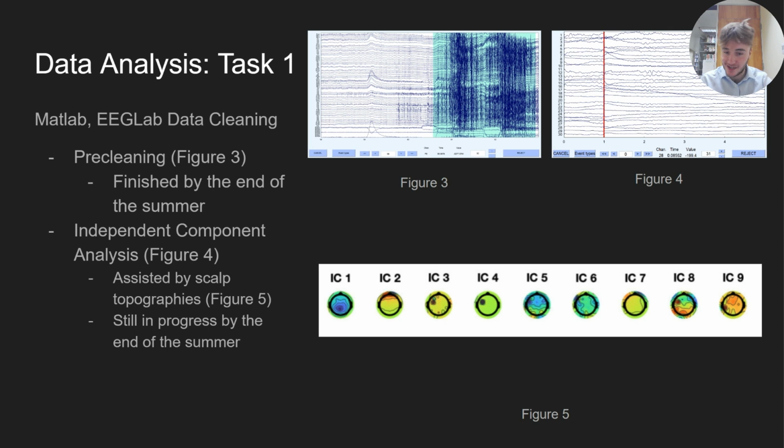Scalp topographies, as depicted in figure 5, assisted me in this process as they enabled me to see where on the scalp electrical signals were coming from. So, taking a look at figure 5, for example, IC2 and IC7 are components to be removed, as the electrical signal is coming from the facial region of the head. The process is a little more complex than that, but that's just a brief overview.